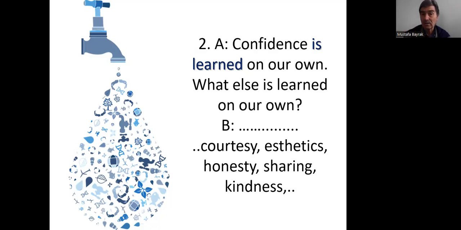What else? Sharing, this is a gerund, but verbal, and it is a noun now. Sharing is learned on our own. What else is learned by ourselves? Kindness is learned by ourselves or on our own.